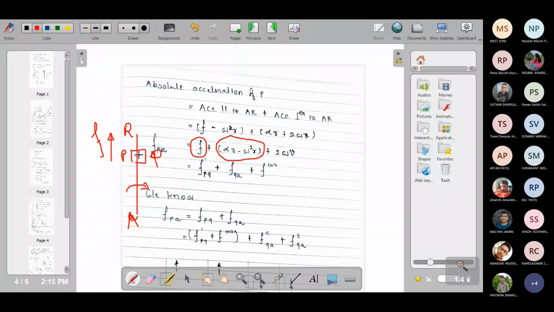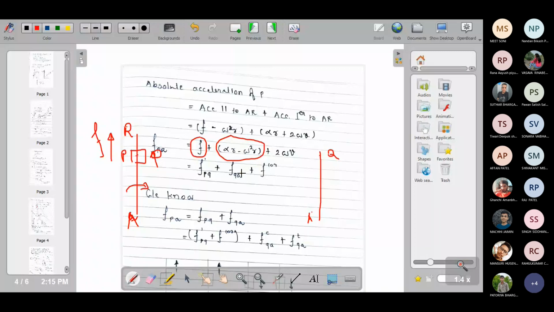It is the acceleration of point Q with respect to A. Suppose I'm not considering point P, and only Q.